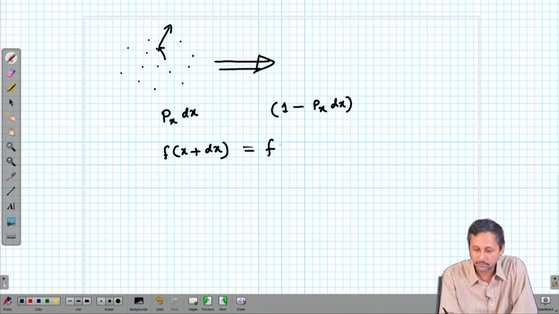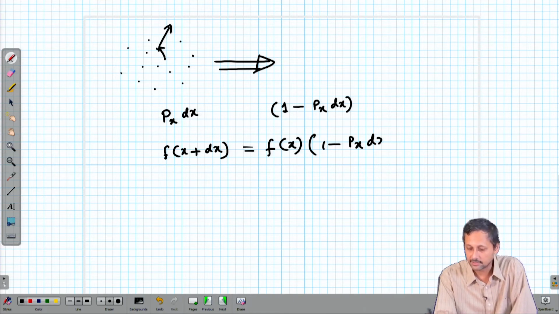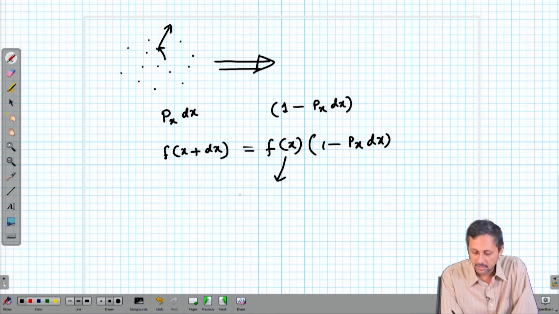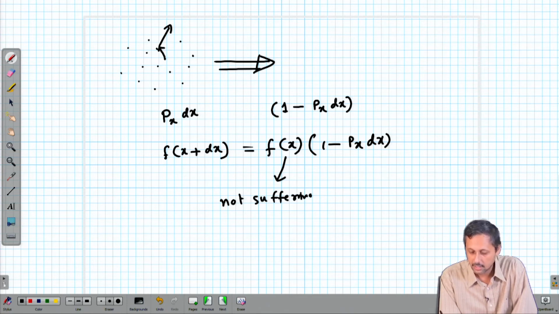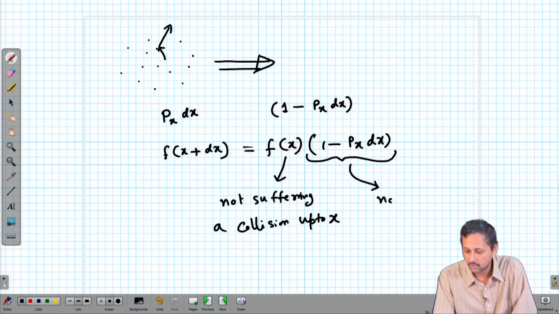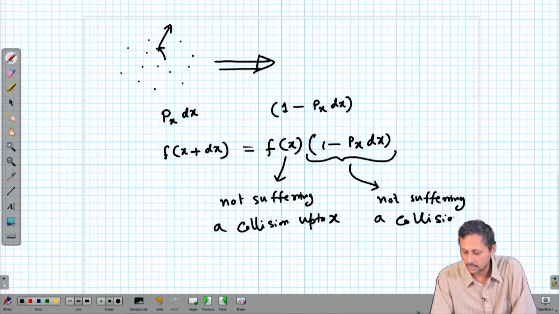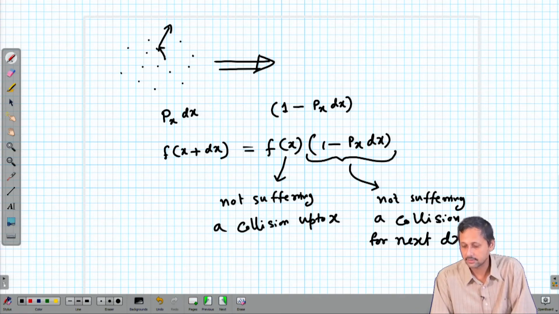That will be the product of f x multiplied by 1 minus p x dx, because f x is not suffering a collision up to x, and this one is not suffering a collision for the next dx.